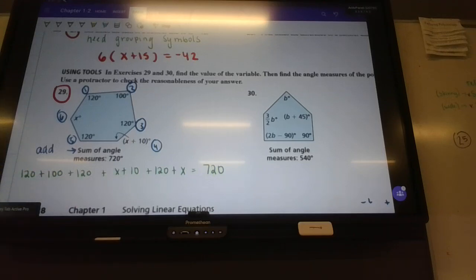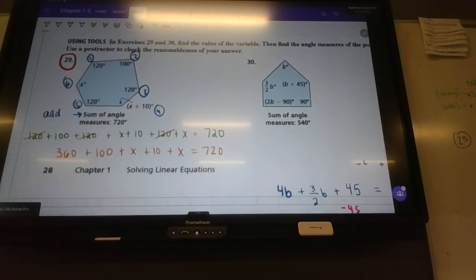So let's add them up. I'm going to do all the 120s. So 120, 120, and 120. That's 3 120s. So that's 360. And you don't have to do it like I am.